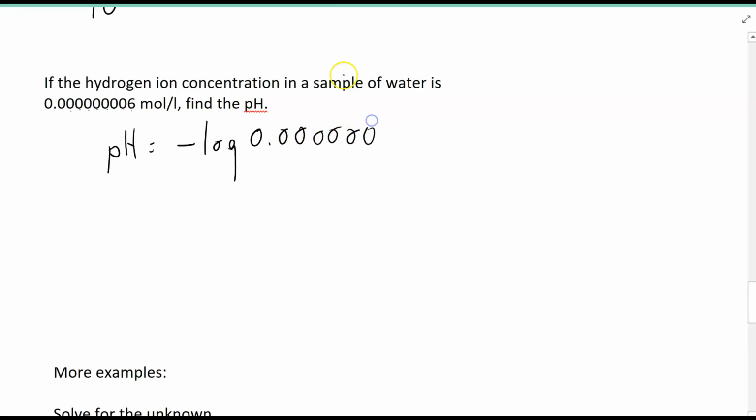I better write down the right number of zeros. 1, 2, 3, 4, 5, 6, 7, 8. Okay. Punch that into the calculator. Use the negative button. Touch the log. 0.000000006. And this is a pH of 8.2.